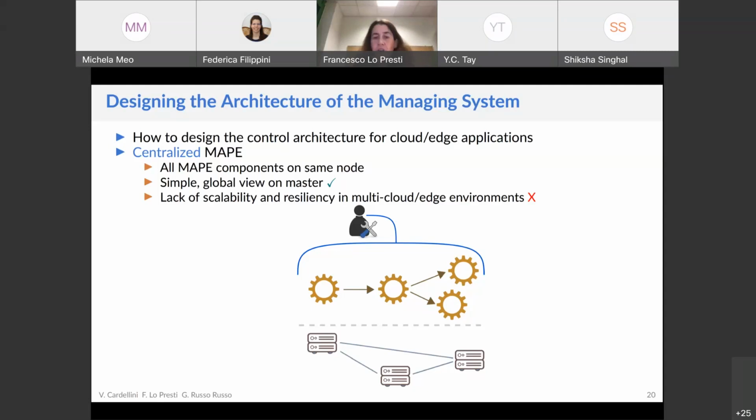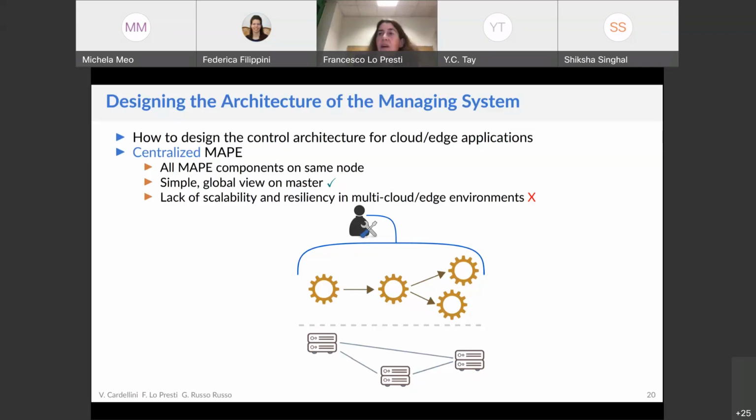Of course, this solution is the simplest, because in this case, the controller has a global view on the system. But if you consider cloud, and in particular multi-cloud and edge environments, this architectural solution lacks scalability and resilience.